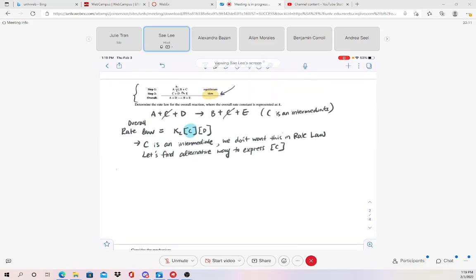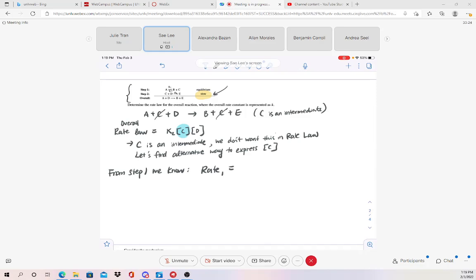So from step 1, we know that the rate of the forward reaction equals the rate of the reverse reaction because they're in equilibrium.